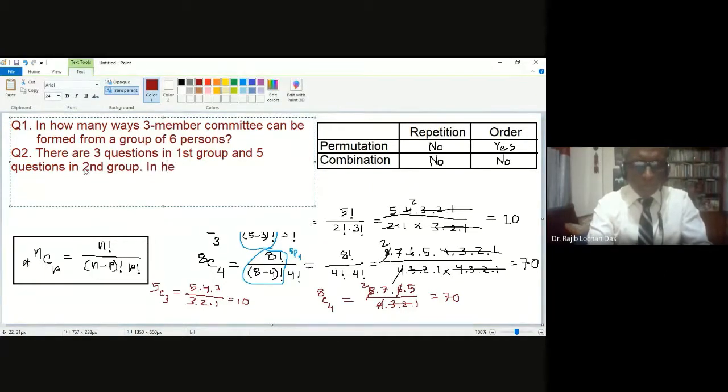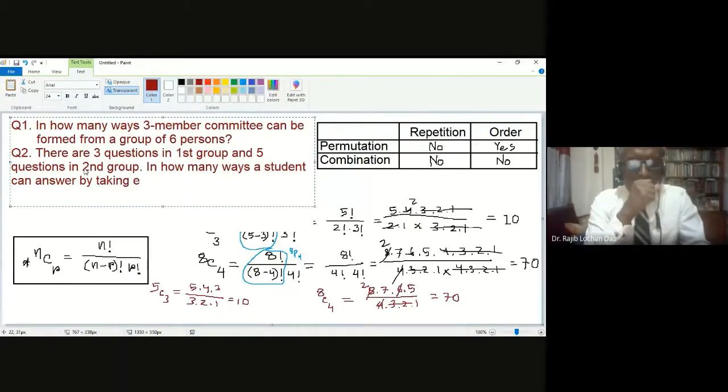So in how many ways a student can answer at least 2 questions.